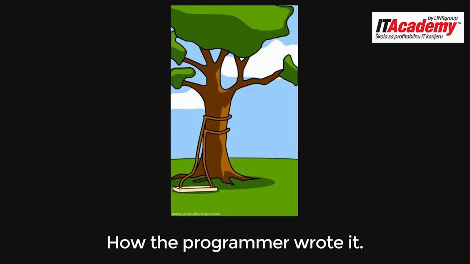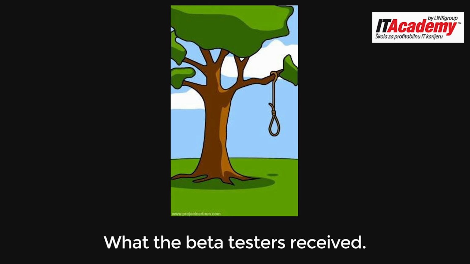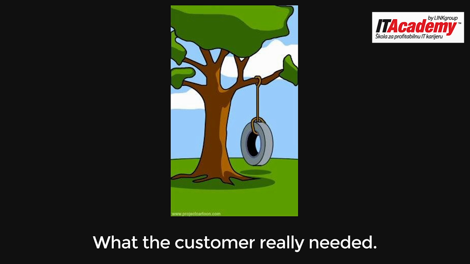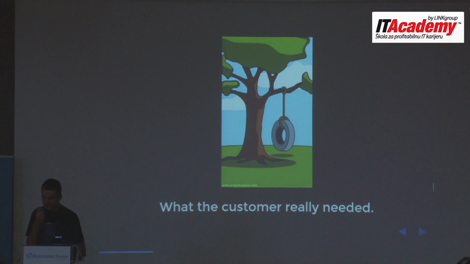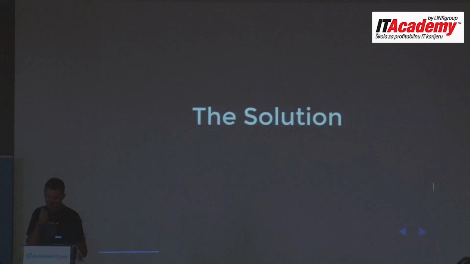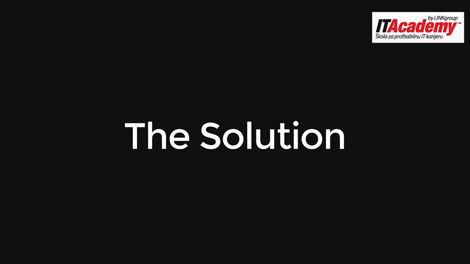Not very usable, right? And one of the favorites, what the beta testers received. Okay? And finally, what the customer really needed. It's simple. So this is the problem, because all of these people are speaking different languages, right?